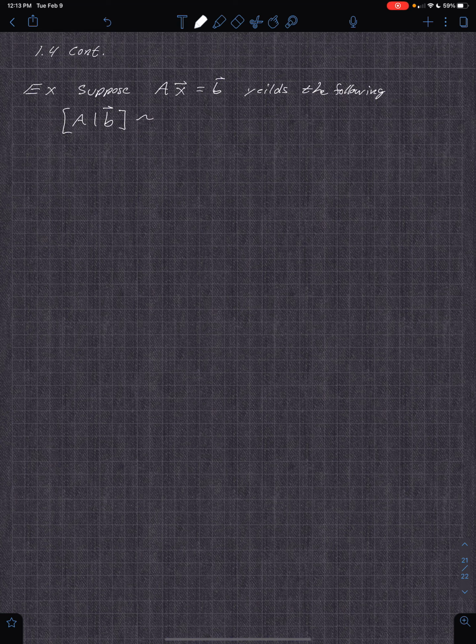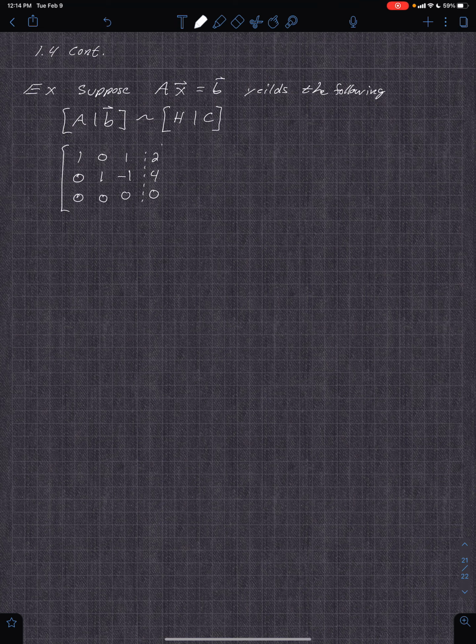And then you do your row reduction and you get H and then C over here. So you do that process like we just did. And let's suppose you end up with this augmented matrix. You get 1, 0, 1, 2, 0, 1, and this ends up being negative 1, 4. And then this row zeroes out, 0, 0, 0, 0.